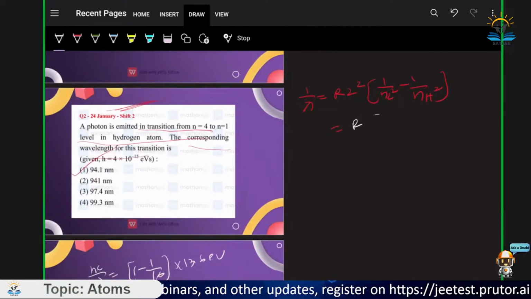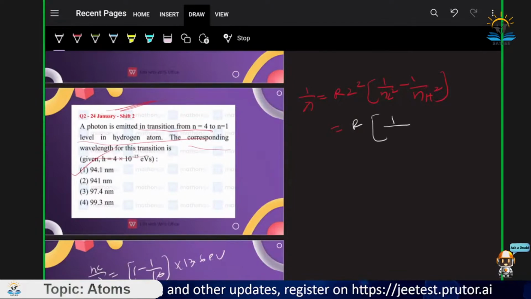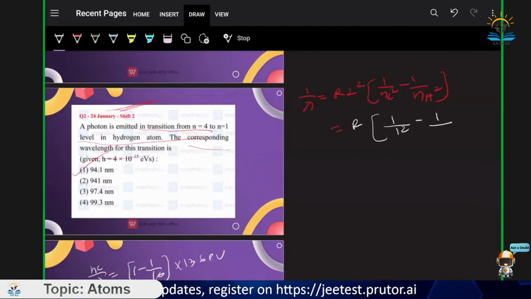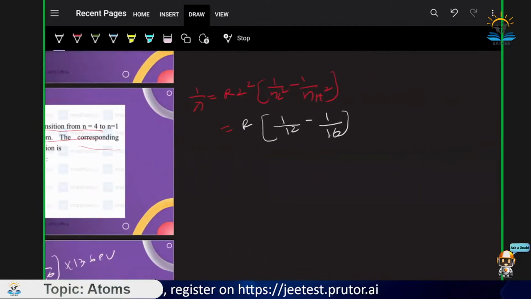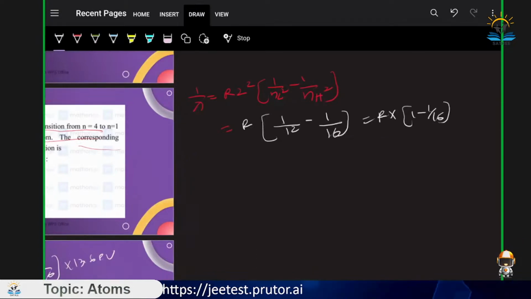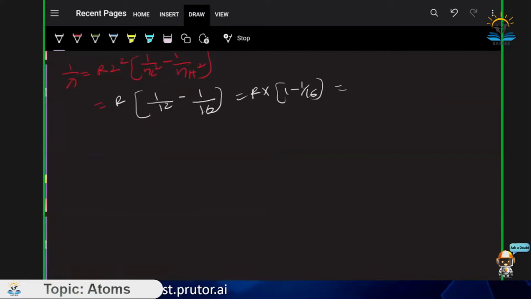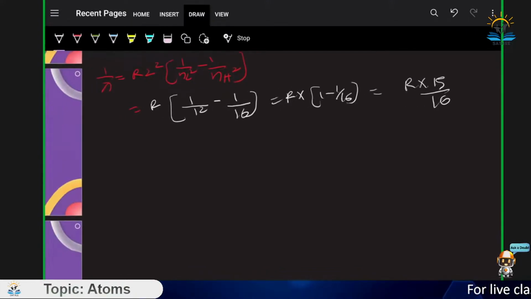So R into 1 by 1 square minus 1 by 16, which is R into 1 minus 1 by 16, that is R into 15 by 16.